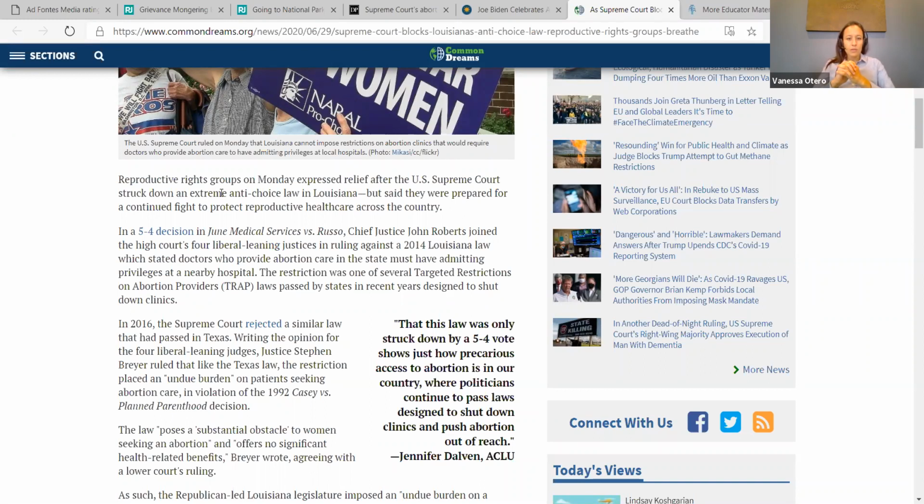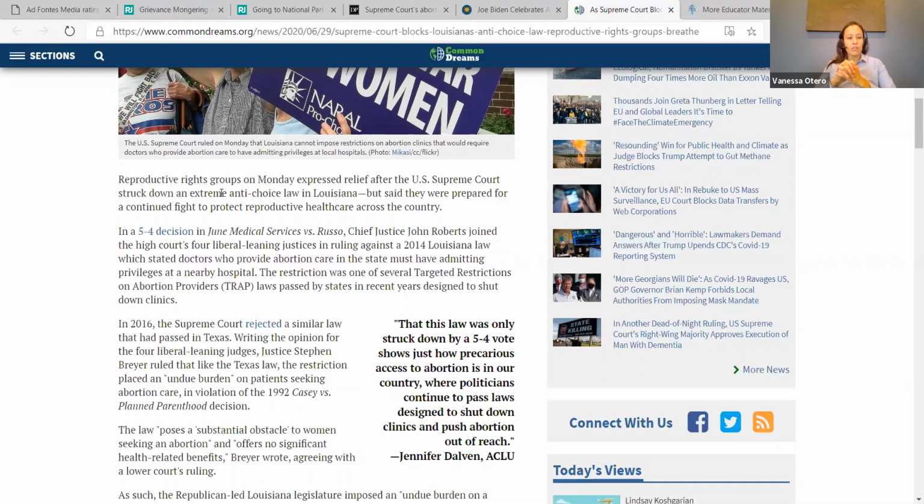The restriction was one of several targeted restrictions on abortion providers, and that's abbreviated TRAP, T-R-A-P, laws passed by states in recent years designed to shut down clinics. In 2016, the Supreme Court rejected a similar law that had passed in Texas.